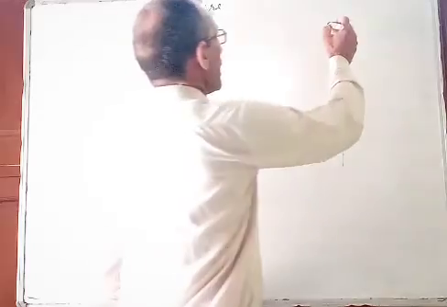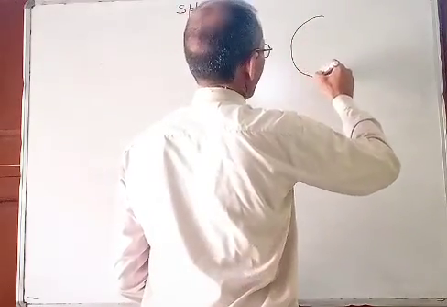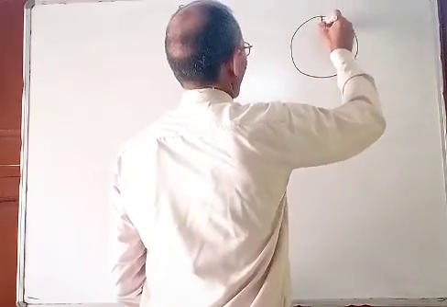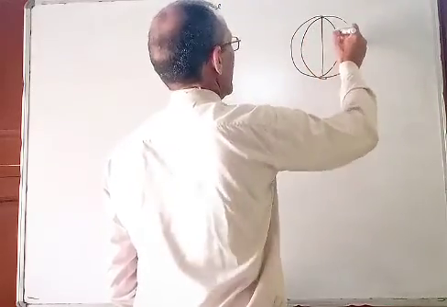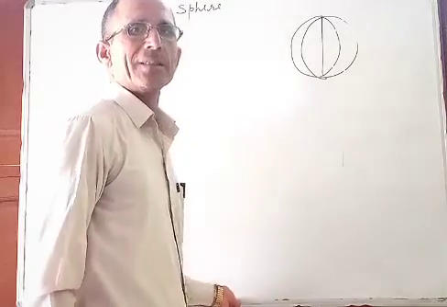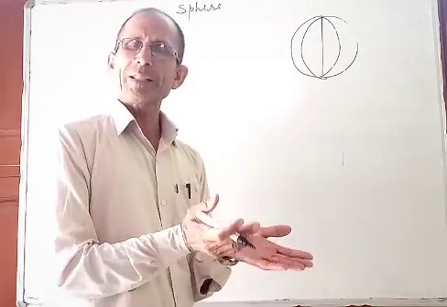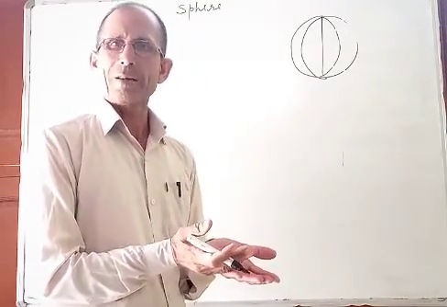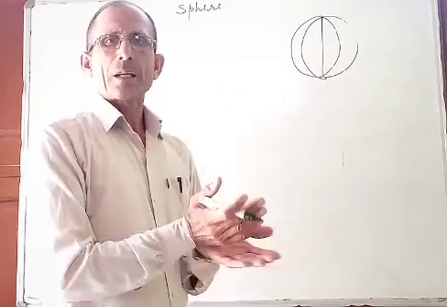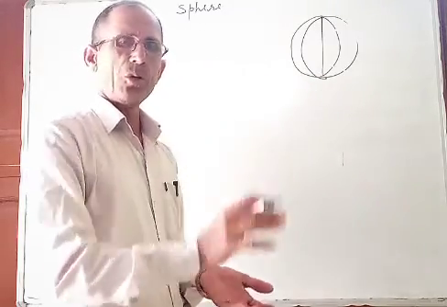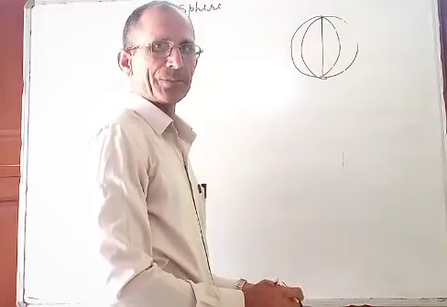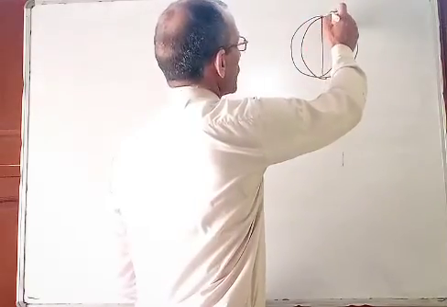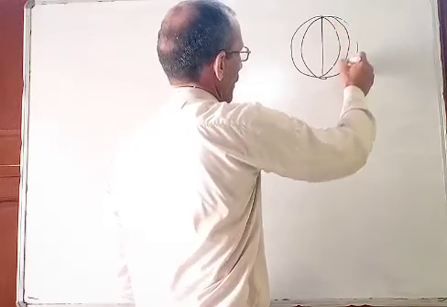So a sphere has only one face, and this is a curved face. If I cover this sphere with thread properly, you can understand now.